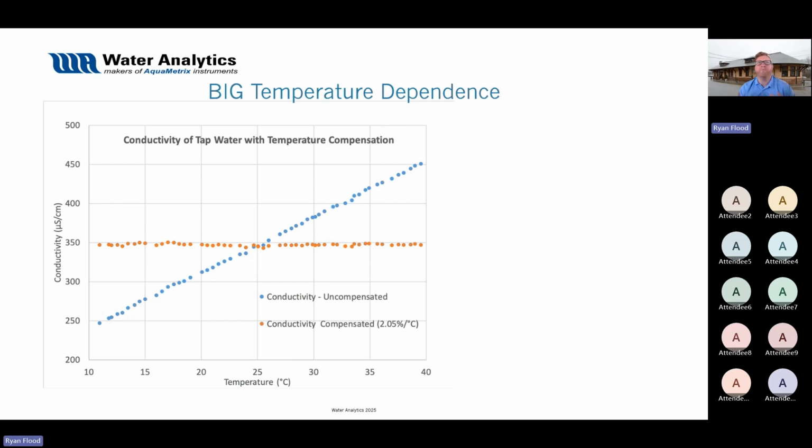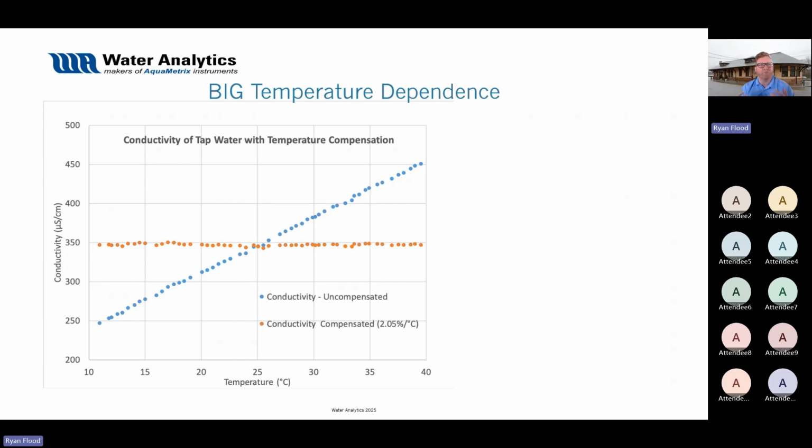So another big impact to conductivity readings and TDS readings is the impact of temperature. Temperature plays a big part on this. And one of the things that sometimes gets hidden behind the scenes with conductivity sensors is whether it's compensated or uncompensated. Looking at this graph here, you can see a lot of sensors out on the market are pre-configured to be temperature compensated. What does that mean?